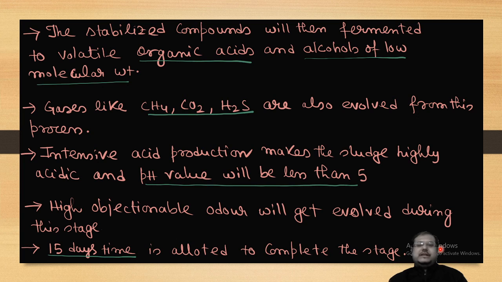Intensive acid production makes the sludge highly acidic and pH value will be less than 5 only.